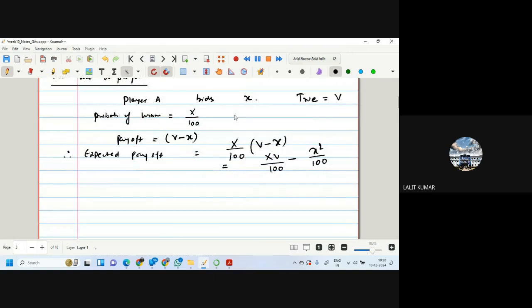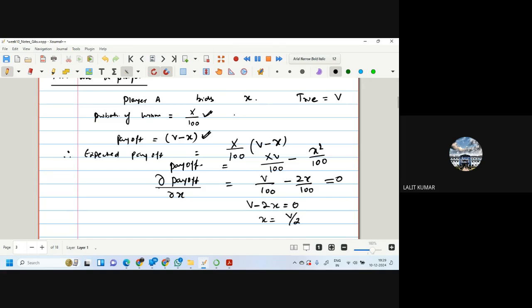If we take the derivative of this expected payoff with respect to X, it becomes V by 100 minus 2X by 100. For the maximum payoff, we equate it to 0. From here, we get V minus 2X equals 0, so X equals V by 2.